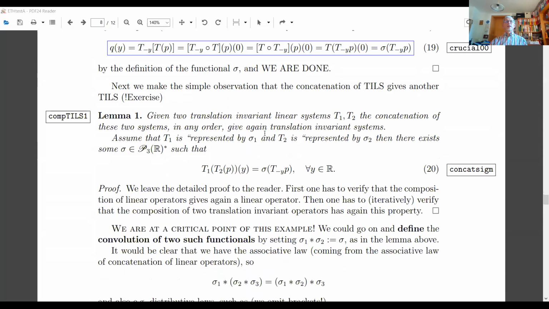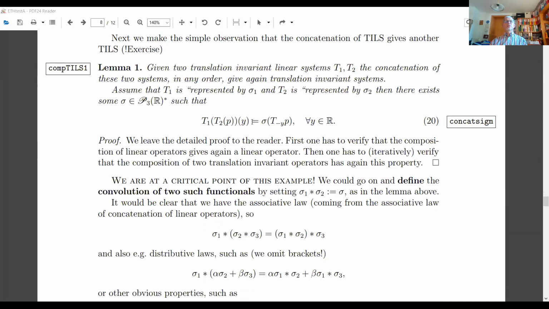Now, I have mentioned that we would like to define convolution. It should become clear during this course that convolution and Fourier transform are highly important terms, and they arise naturally in the description of invariant systems.